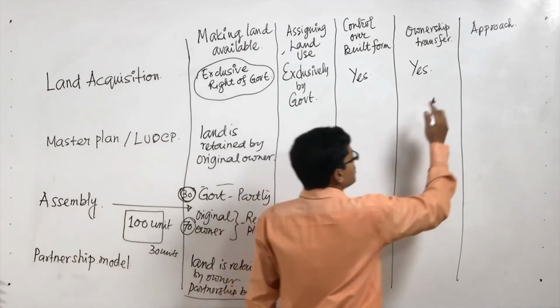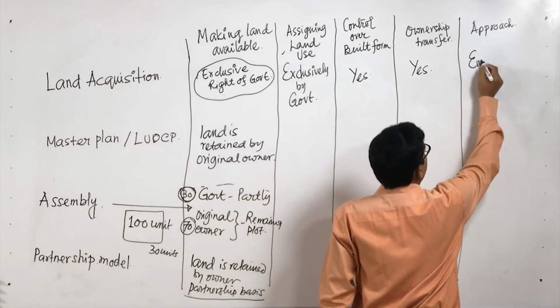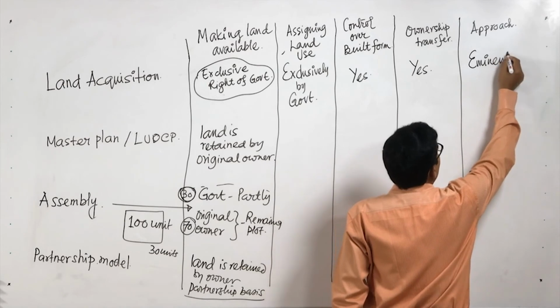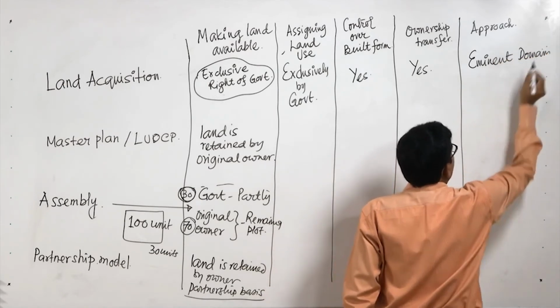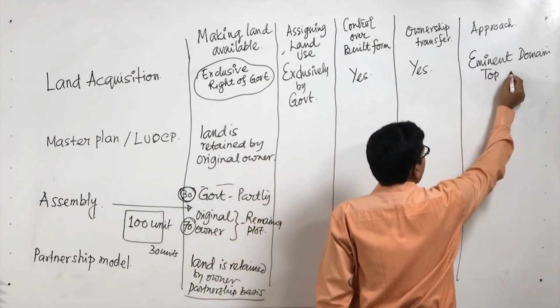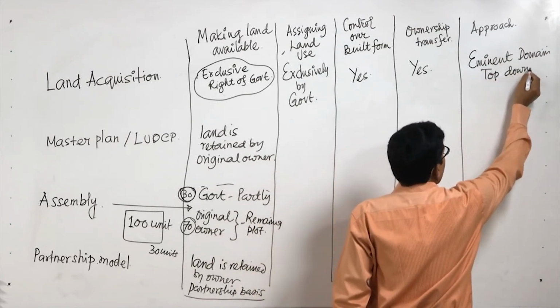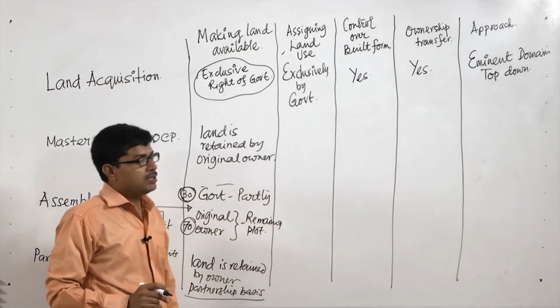So, here the approach is basically using the eminent domain, and basically it is a top down approach. Top down means the government authority can take the land directly.